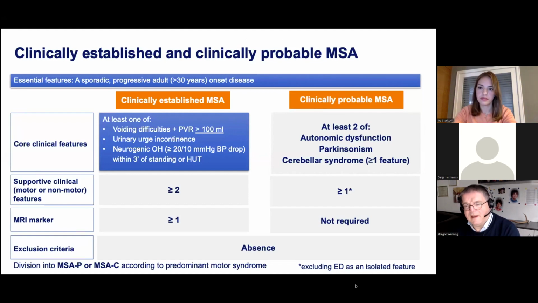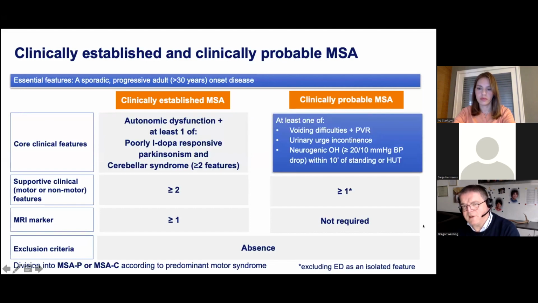There needs to be at least one supportive clinical feature, either motor or non-motor. MRI markers are not necessarily required, so it can be a purely clinical diagnosis, and exclusion criteria need to be absent. We excluded erectile dysfunction as an isolated feature because it is pretty non-specific. Next slide.